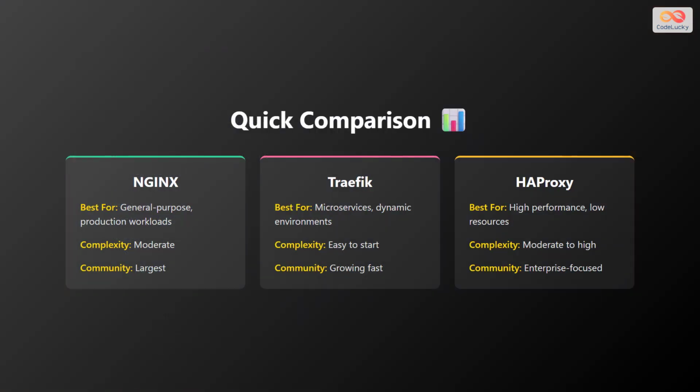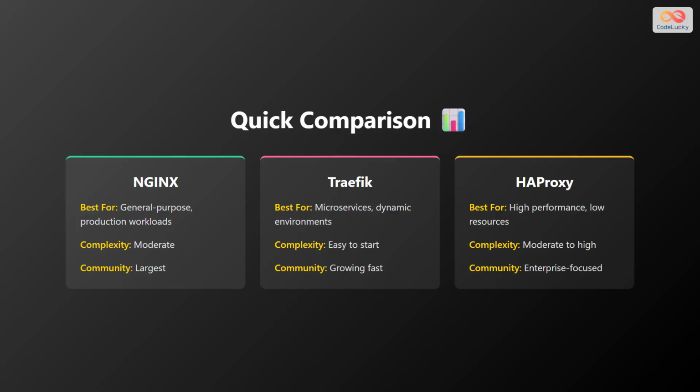Let's compare these three ingress controllers side by side. NGINX is best suited for general-purpose production workloads. It has moderate complexity and benefits from the largest community, which means extensive documentation and support resources. Traefik is ideal for microservices and dynamic environments. It's easy to get started with and has a rapidly growing community.